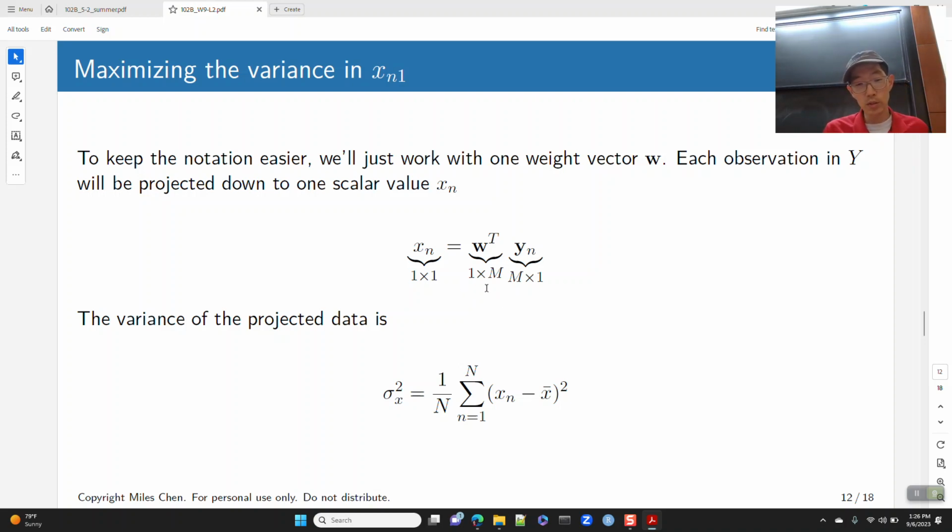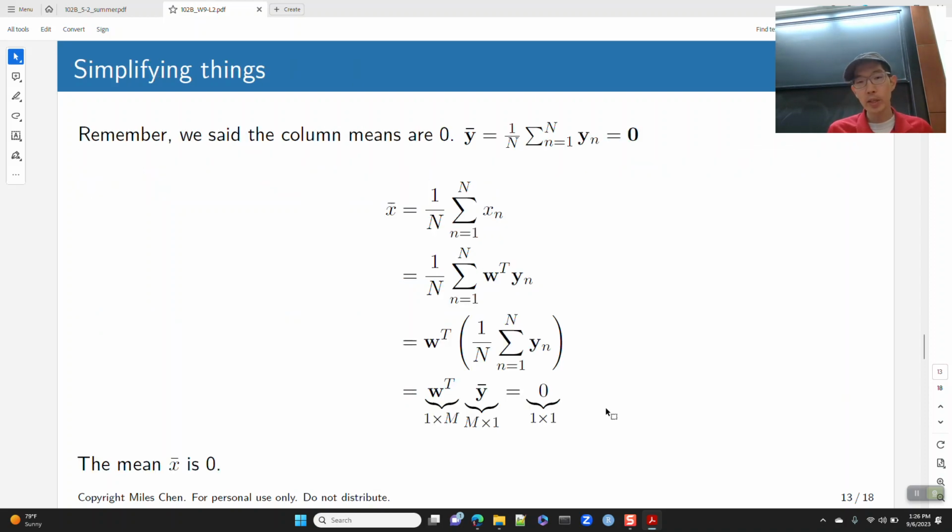This is going to give us the value. And so what is the variance of this projected data? Well, it's going to be sigma x squared, using our biased variance: the sum of xn minus x bar, quantity squared, times 1 over n. That's going to be the variance of our projected data here.